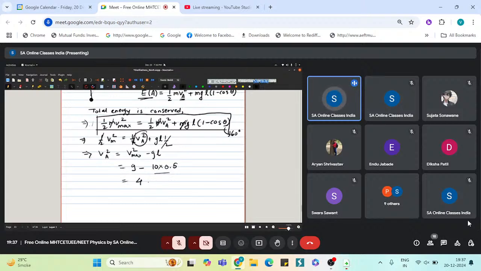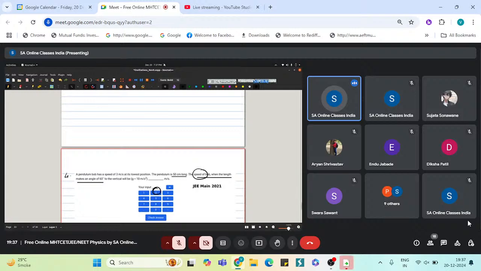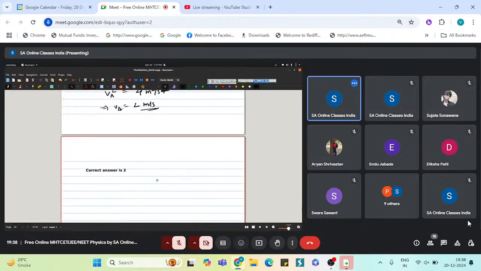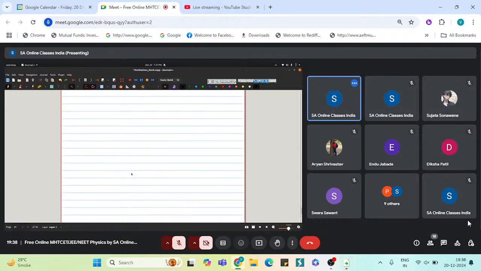So 9 minus 5 is 4 meter square per second square. This is v a square, and so v a is just 2 meter per second. So the answer will be 2, just 2. And yeah, this is correct.